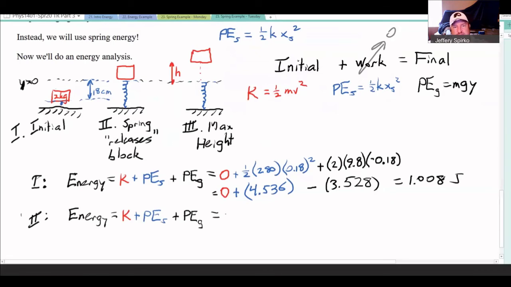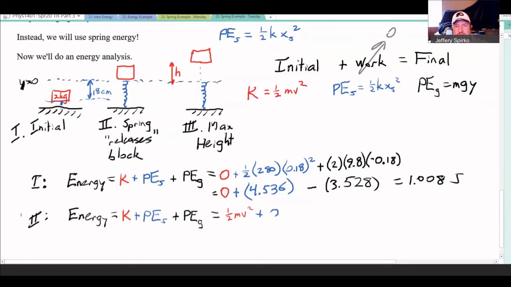And this is going to be, K is 1/2 mv squared, because we don't know how fast it's going, so we can't just calculate K from that formula. But let's see what else we got.